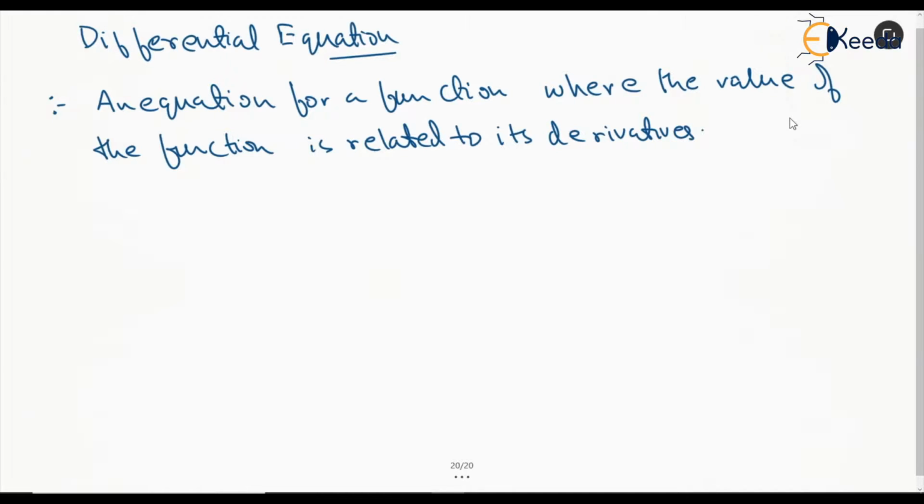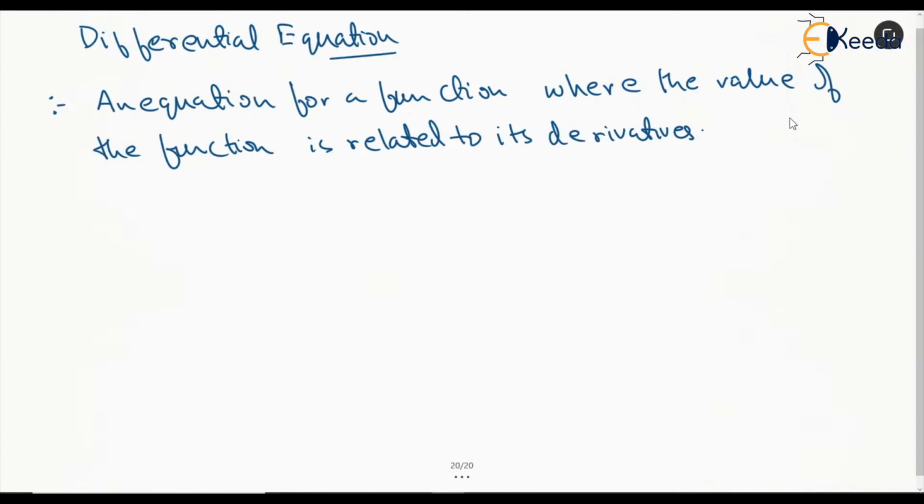So basically, if we say one of the variables is dependent on another variable, then we will be having this equation in the form of derivatives of that dependent variable in terms of independent variables, or partial derivative of the dependent variables in terms of independent variables, right?